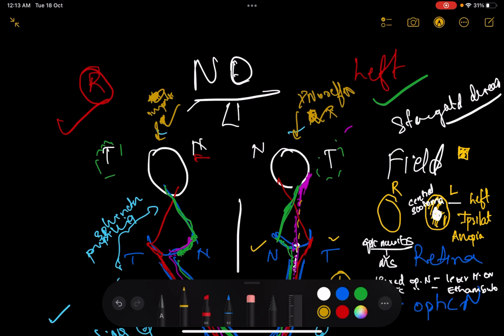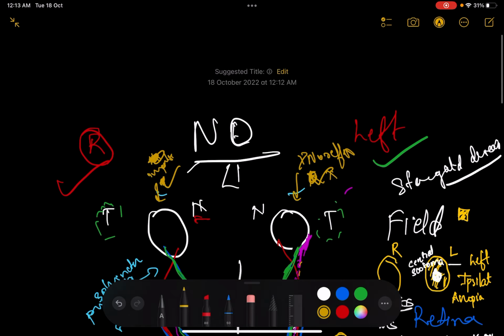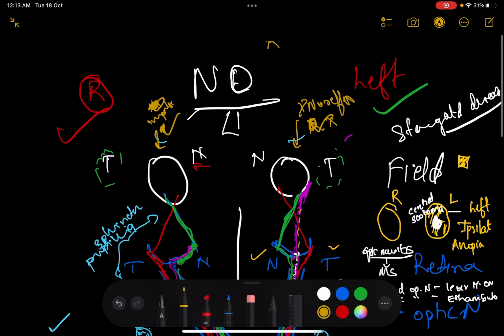However, the near accommodation, that is the accommodation reflex, means that if an object is present far and you bring it close, both the eyes' medial rectus does get stimulated, and this near accommodation is present because the near accommodation is present if one eye's afferent fibers are intact.